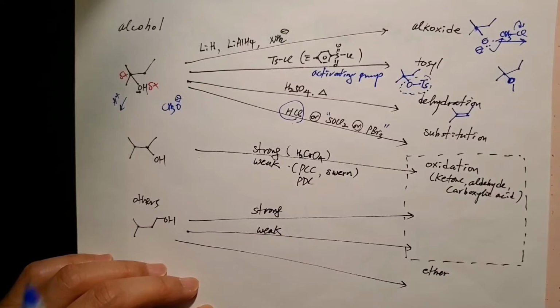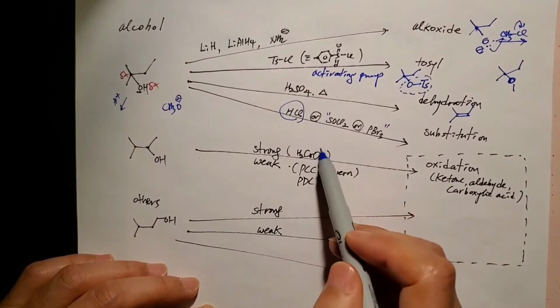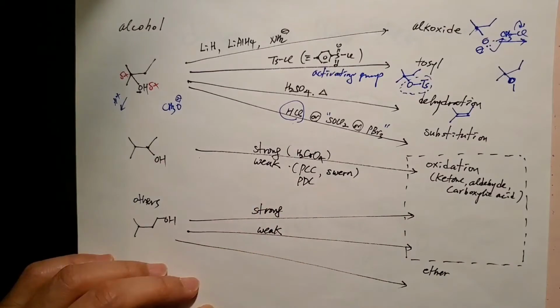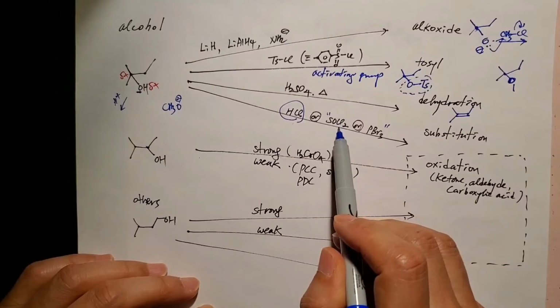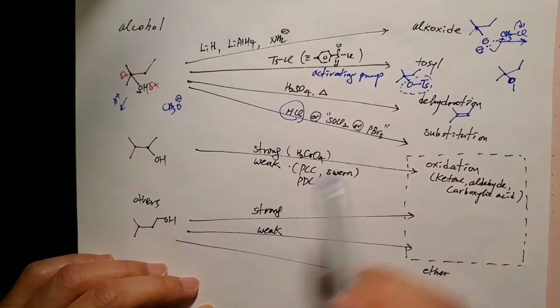The condition to form a carbocation was that it should be secondary or tertiary, or the primary with resonance, meaning a stable enough carbocation can be formed, then rearrangement is possible. But these will replace the OH on the carbon where you find the OH with the Cl from the SOCl2, or with the Br from the PBr3.